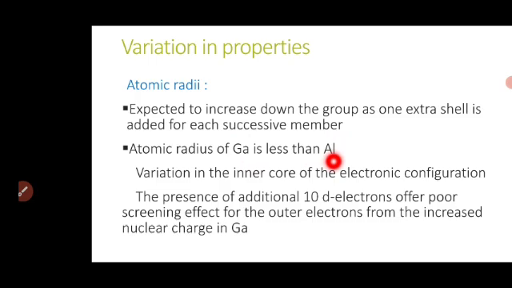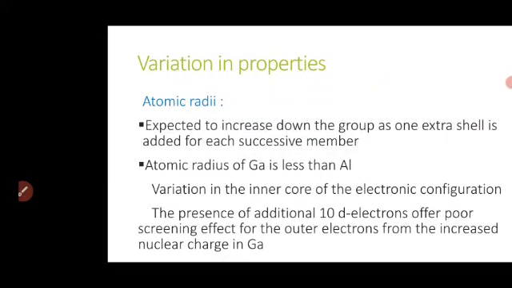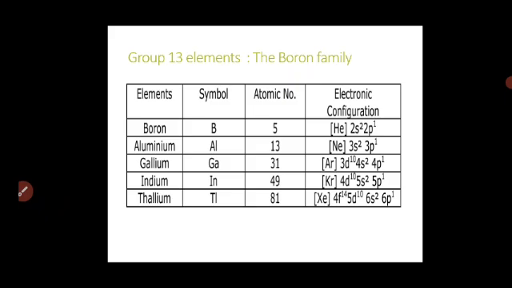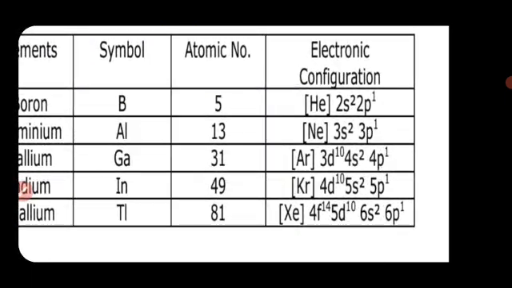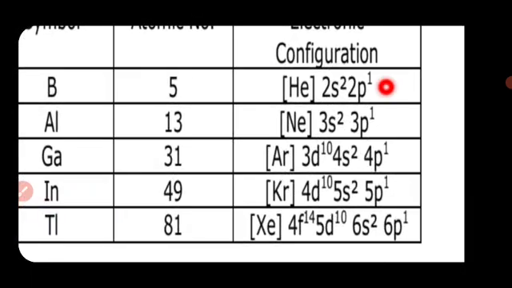Now why does this happen? We have seen the electronic configuration. Just see again, in aluminium there are no 3d electrons, though the 3d orbital is present in the third shell, whereas in gallium 3d electrons are there. And how many are there? Completely filled, that is 10 electrons.